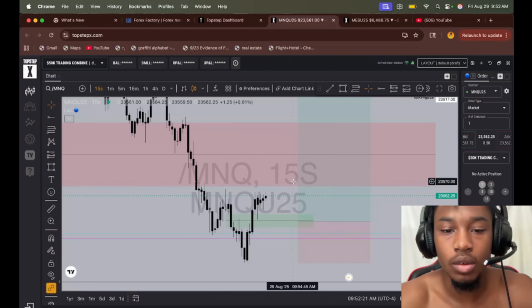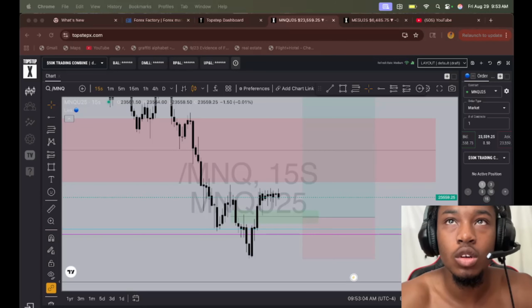I like how I treat this inversion FVG. It's a 15-minute FVG also. I like for it to come down so I can get a better entry with a lower stop loss. ES first percent FVG is going to be right here.